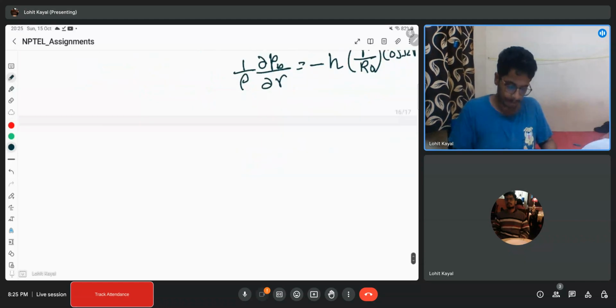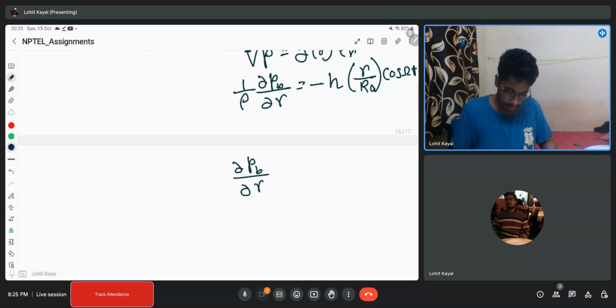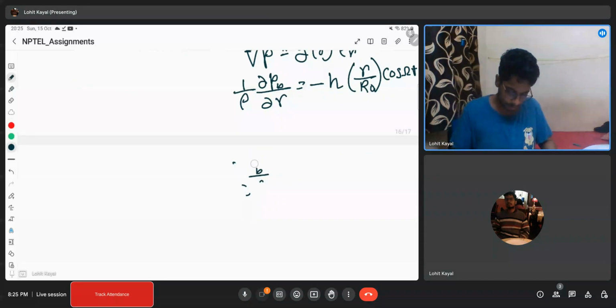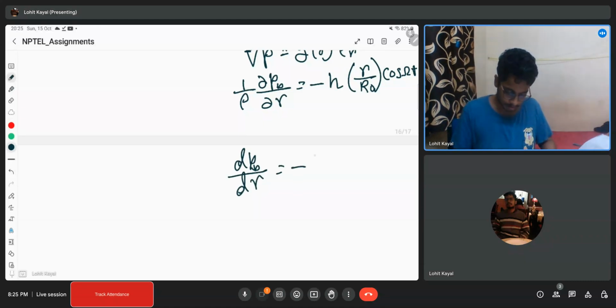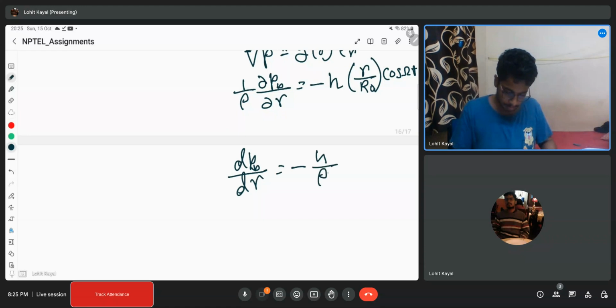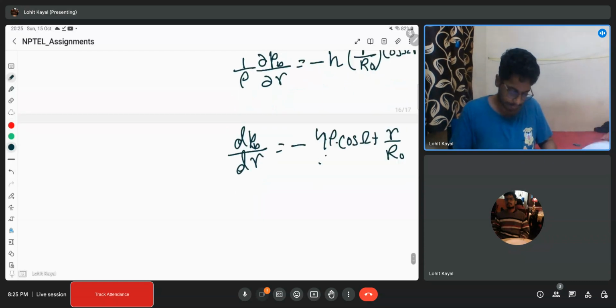Now let us integrate it. So pb is only a function of r, right? So dpb dr is equal to minus h rho by r naught cos omega t times r.